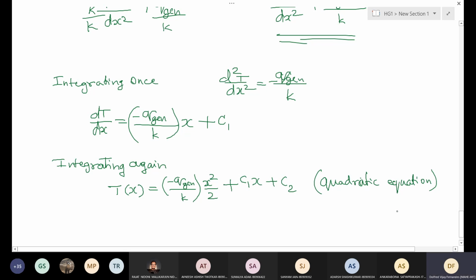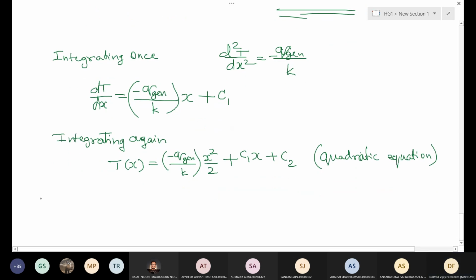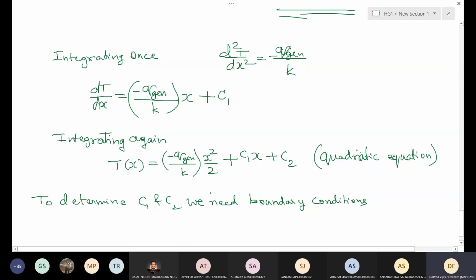Now to determine C1 and C2, we need the boundary conditions. C1 and C2 can be found using boundary conditions.